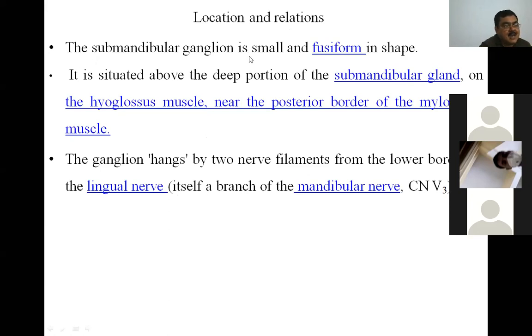The submandibular ganglion is small and cruciform in shape. It is situated above the deep portion of the submandibular gland, on the hyoglossus muscle, near the posterior border of the mylohyoid. The ganglion hangs by two nerve filaments from the lower border of the lingual nerve, which is itself a branch of the mandibular nerve.